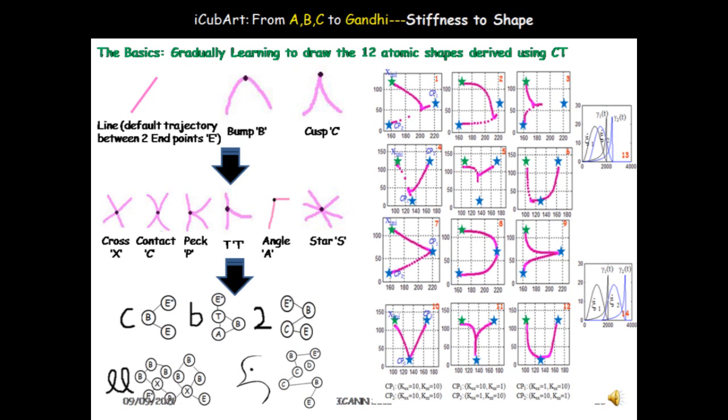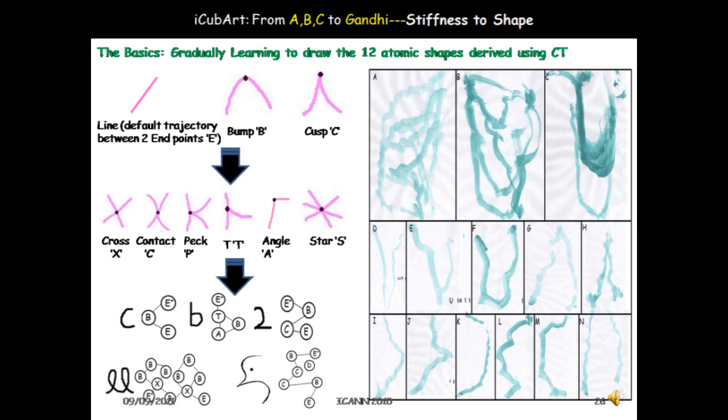to learn to produce line, bump and cusp, and these are some scribbles generated by iCub during the learning process of learning the basics to draw and write in general.